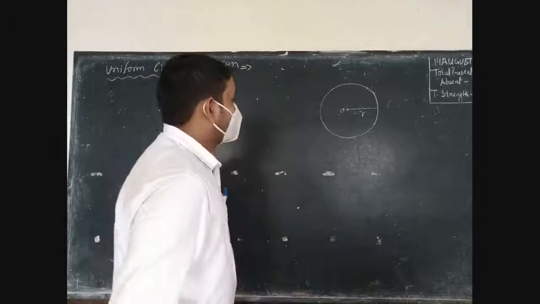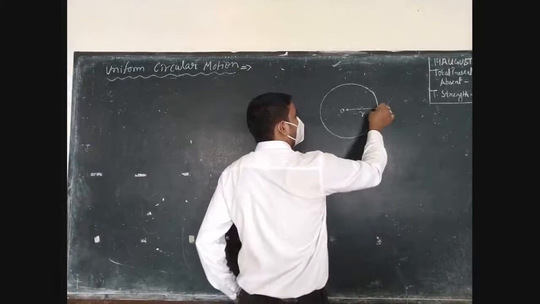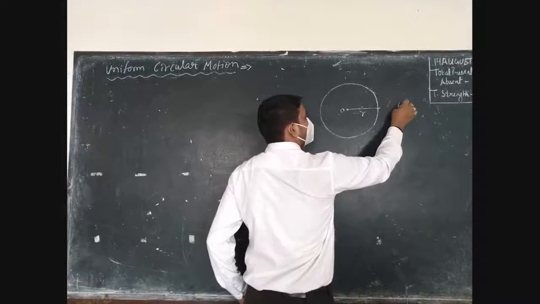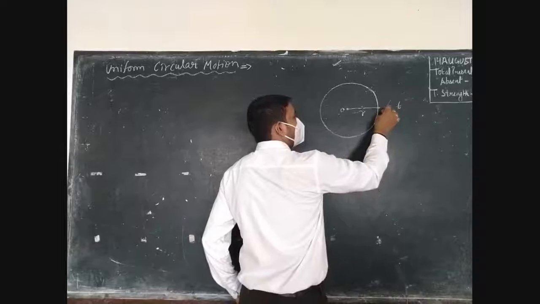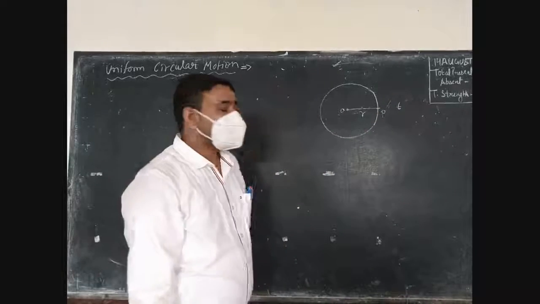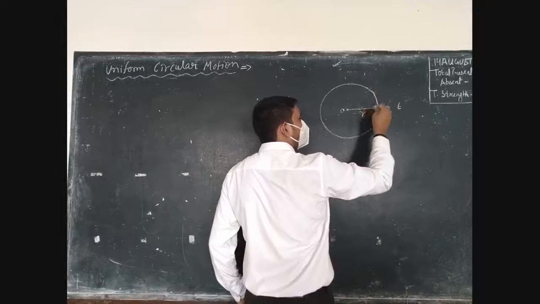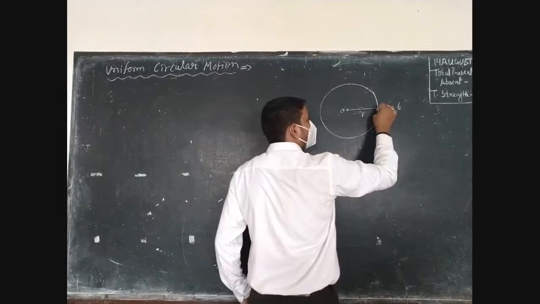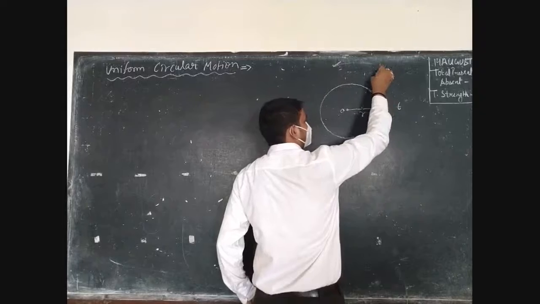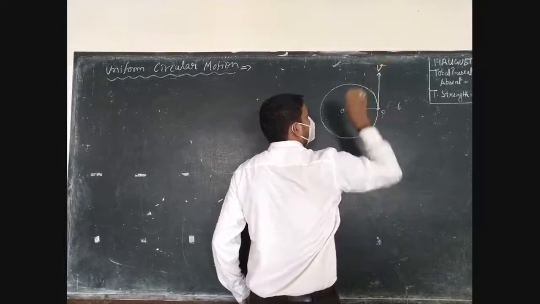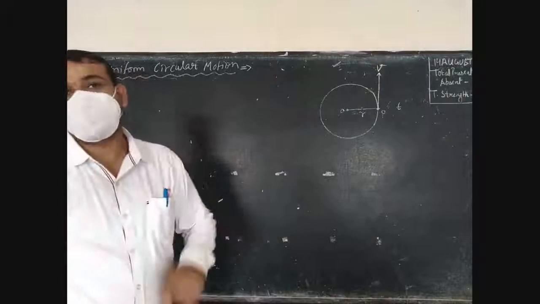For example, if at any instant t the particle is at point P, to determine the velocity at this point P you need to draw a tangent. Then you will get the velocity direction at point P.